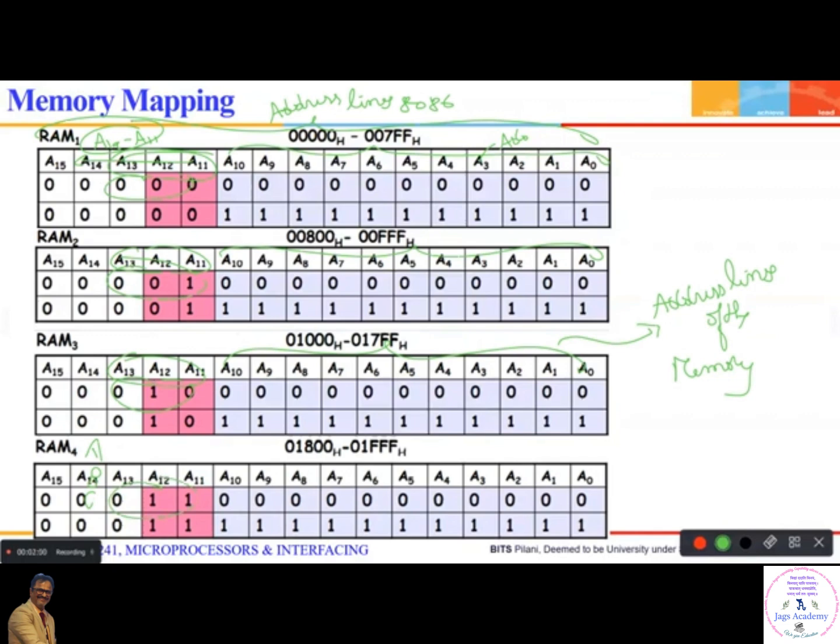Why can't these address lines be the select input? ABC select input. You can take ABC, which is the select input to the decoder, to select RAM 1, RAM 2, RAM 3, RAM 4, and the remaining A14 to A19 you can use for chip select of the decoder.